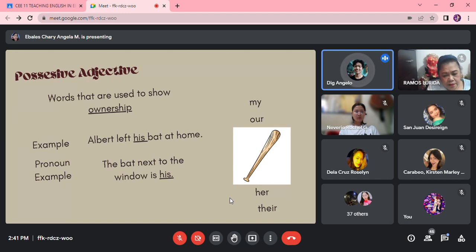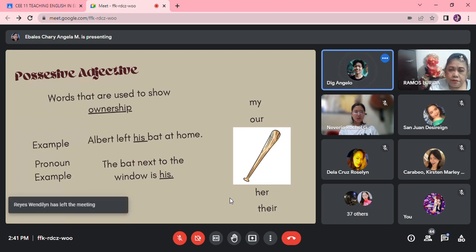So now again, we talk about the possessive pronoun. These sound familiar to possessive adjectives, but both are used in different contexts. So let me give you an example of a possessive pronoun. The bat next to the window is his. Now the word his is not describing a noun; it is used instead of a noun, so it is a pronoun.